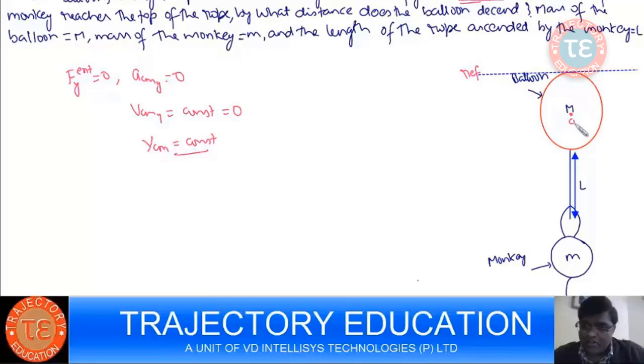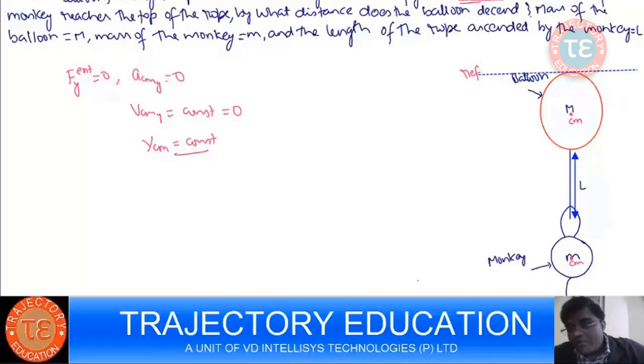Suppose here lies the center of mass of the balloon, and here is the monkey, and here is the center of mass of the monkey. It should be here, or if you wish, you can take the center of mass of the monkey over here. So let's say the center of mass of the monkey is here.